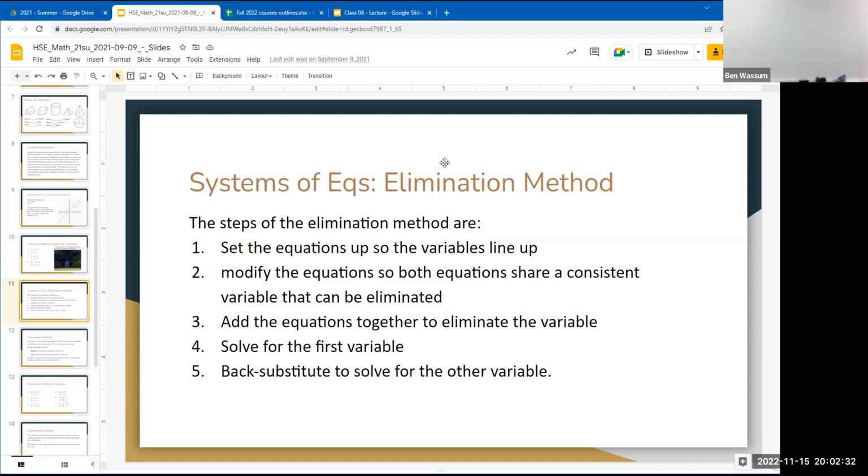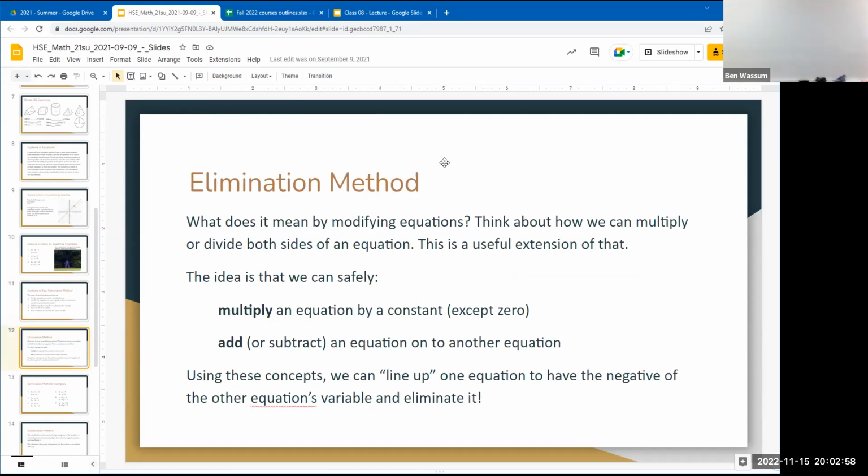You modify those equations so that both equations have the same coefficient in front of their variables, one positive and one negative. Then you add them together and that eliminates that variable. So then you have an equation with one variable. You solve for that variable and then you back substitute it to find the other one.